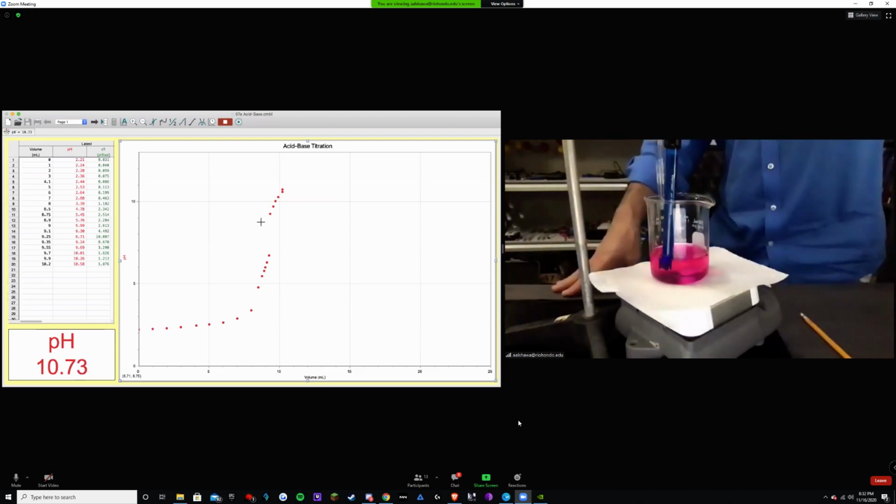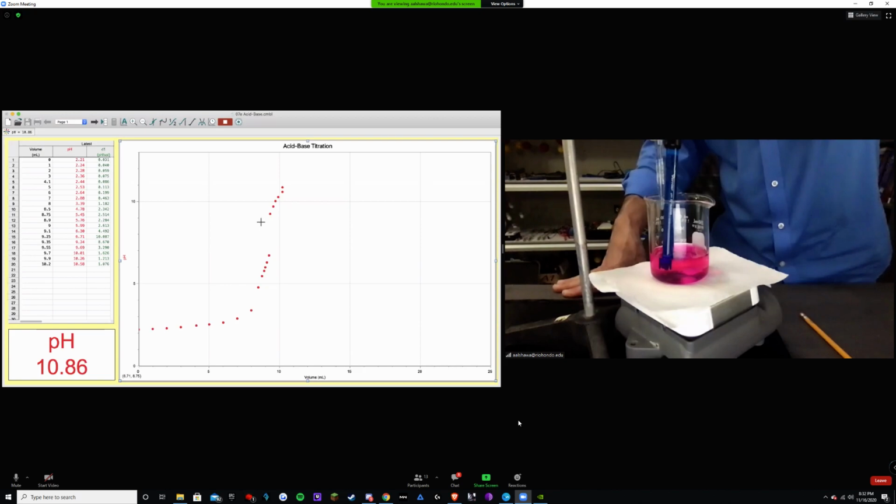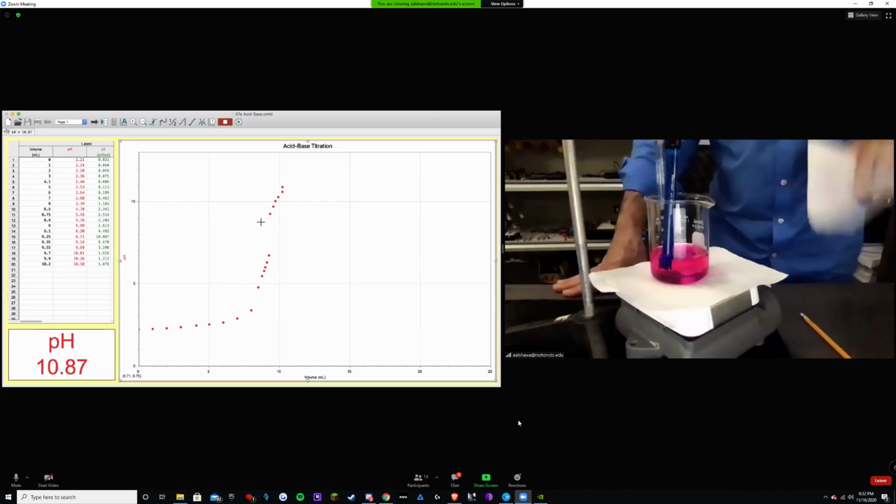So now I can comfortably start to add maybe 20 drops. Roughly 15 to 20 drops is a milliliter. So I can add maybe 5, 10 drops, or half a milliliter, and so on. Now I can go a little bit quicker. So it says here 10.50.